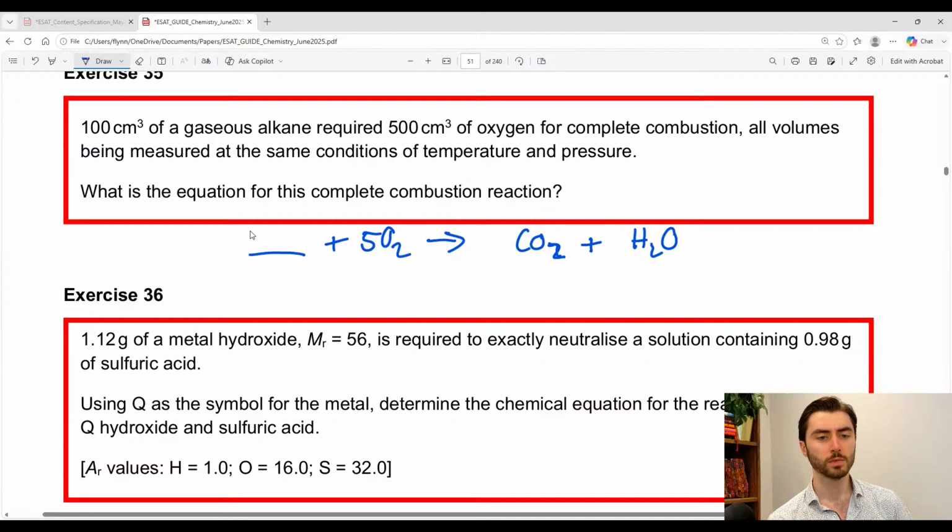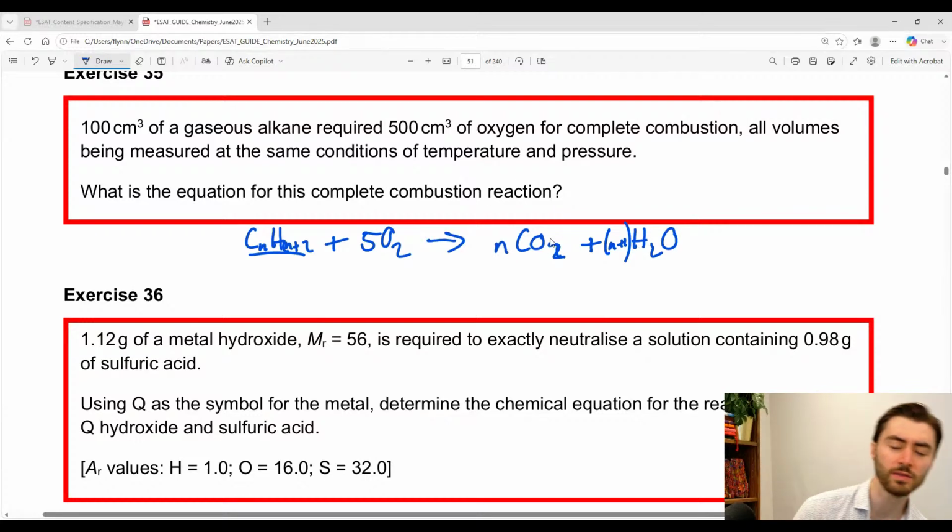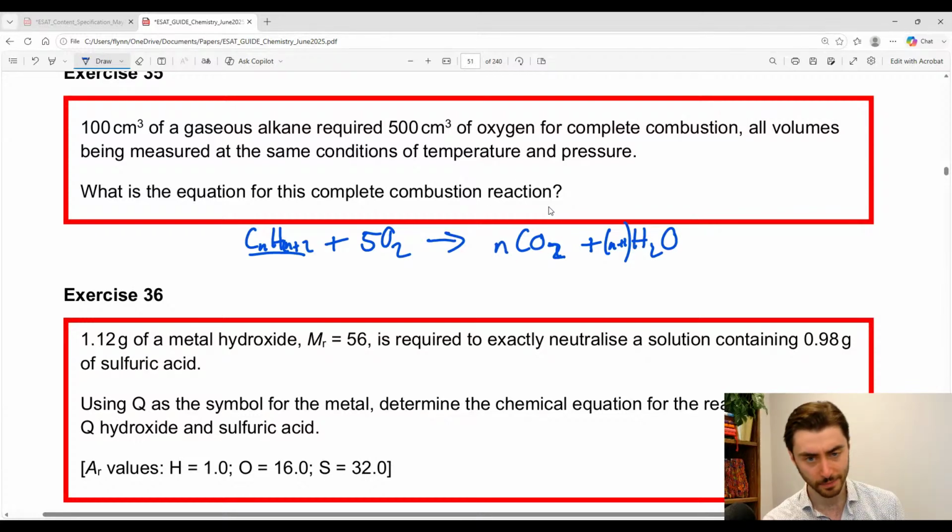So I'm going to call that CnH2n plus 2, and let's solve for n. Well, there must be n plus 1 lots of this to get the number of hydrogens correct, and there must be n lots of this to make the carbons correct.